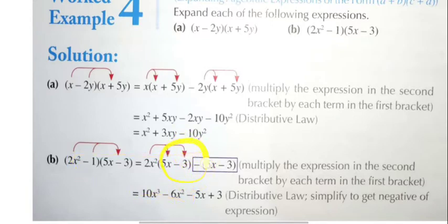So negative 1, they just write it as negative, because it's just the same thing as saying negative 1 times 5x, negative 5x also, right? Negative times 5x, negative 5x. You can do either way you like.